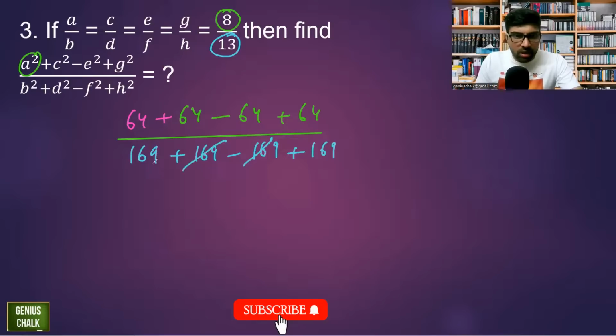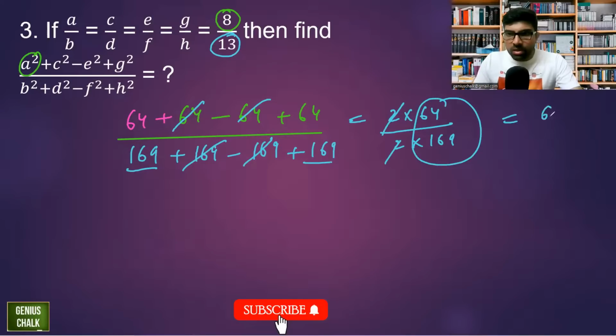You can see these are cancelled, so 64 and 64 I can write 2 into 64, and 169 is also coming twice, so I can write 2 into 169, so 2 gets cancelled. What is my answer? 64 by 169, which is basically 8 square by 13 square. So this is how I can get my answer.